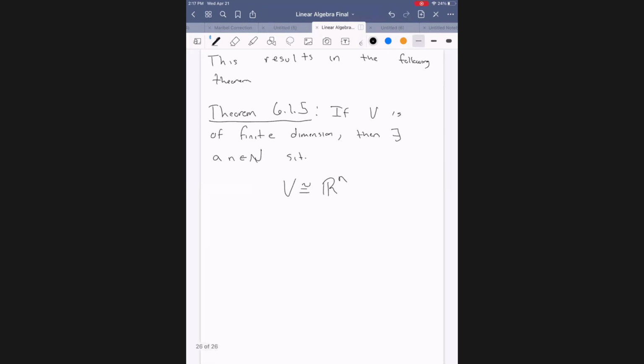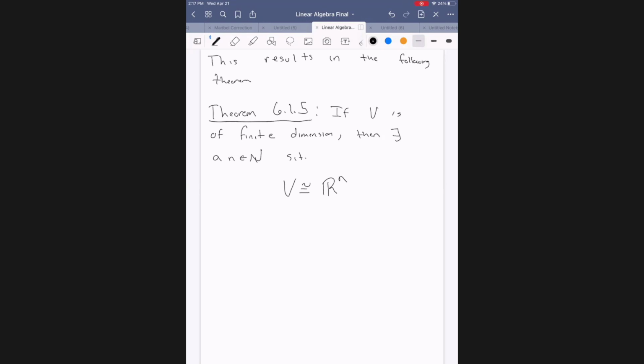So basically, what this is telling me is that no matter what the vector space is, as long as it's finite dimensional, it behaves exactly like R^n. So like those arrow things that you always work with, you can just consider everything there as an arrow, and that is made rigorous by this.